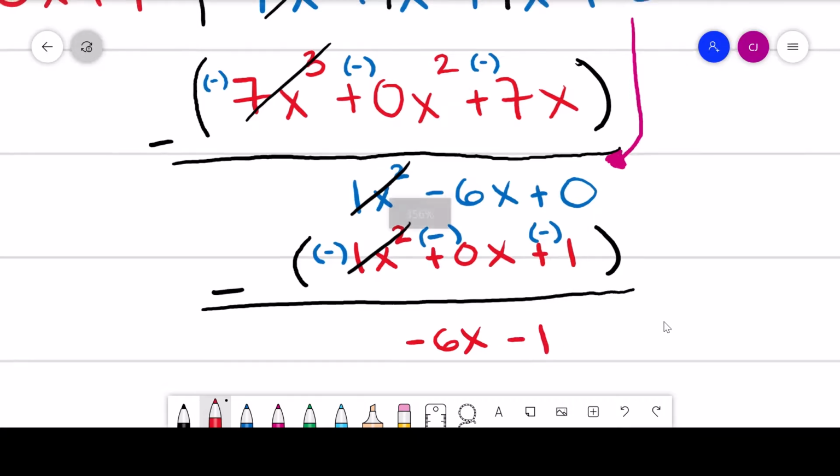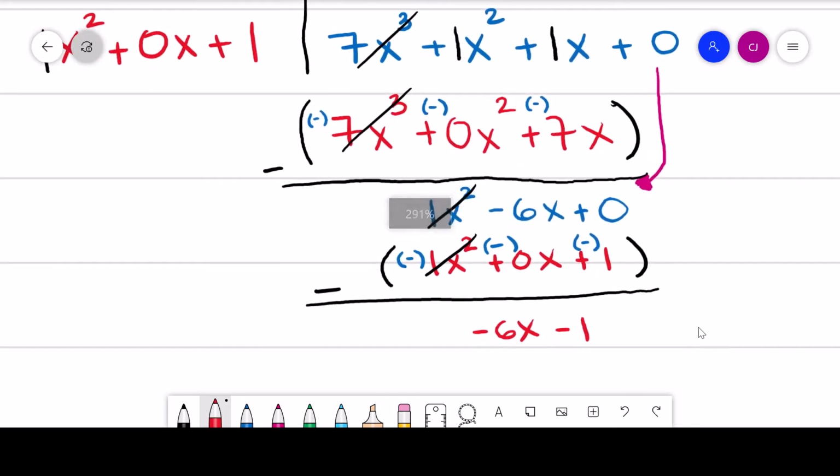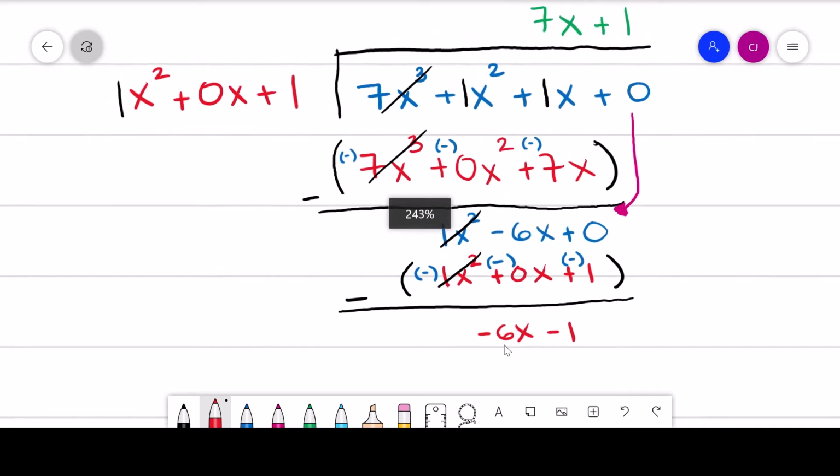And you'll notice that when you get to this point, I cannot find another term that when I multiply it with 1x squared, is going to give me negative 6x. So this is what we call our remainder.